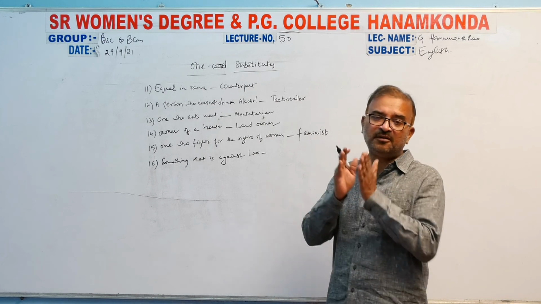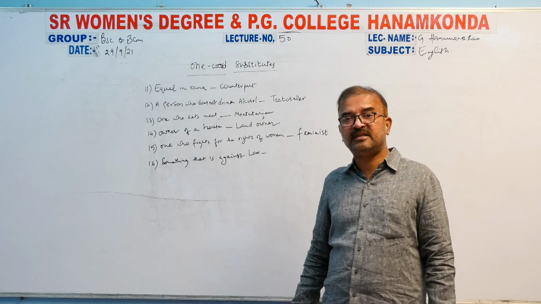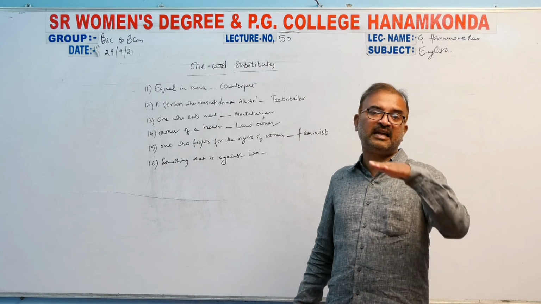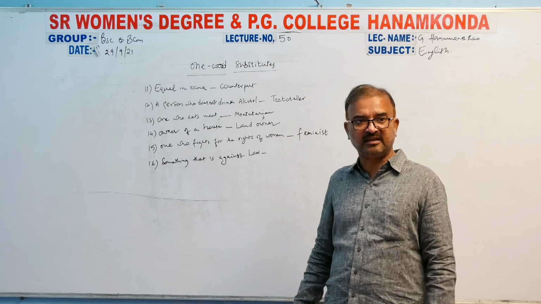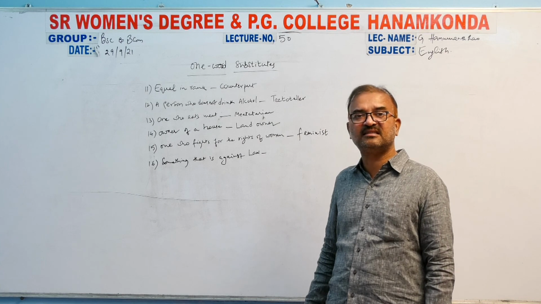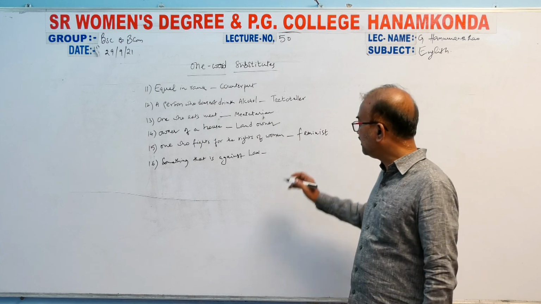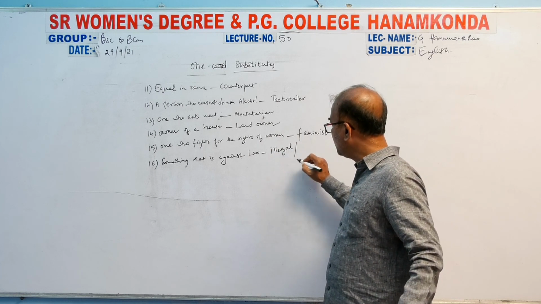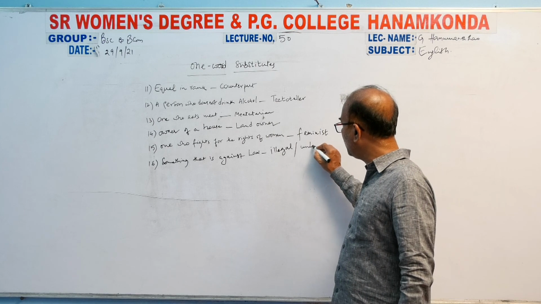That means which does not follow any rules and regulations, which does not abide by the constitution that has been formed for us. If anything goes on like that, what do you call that thing? That is called illegal or unlawful.